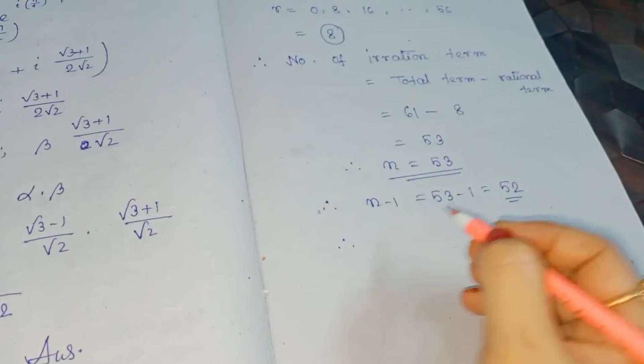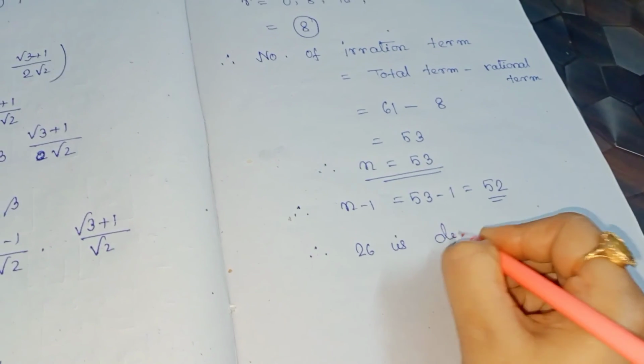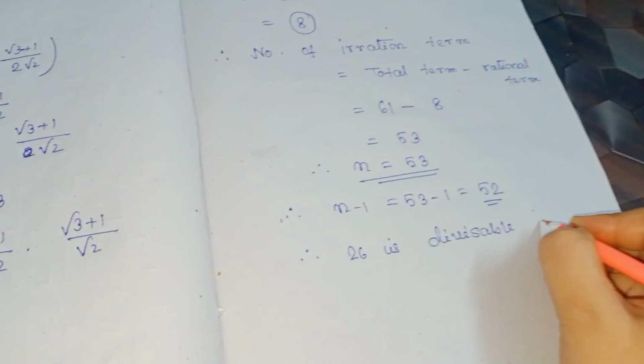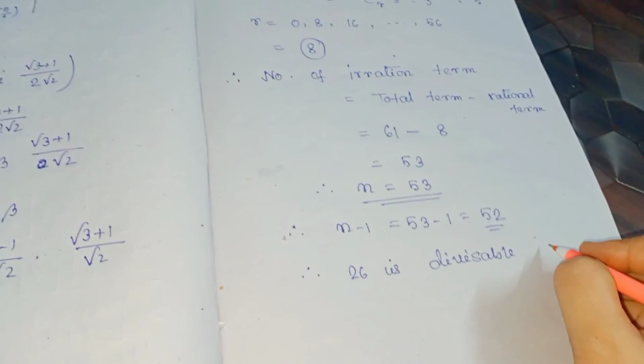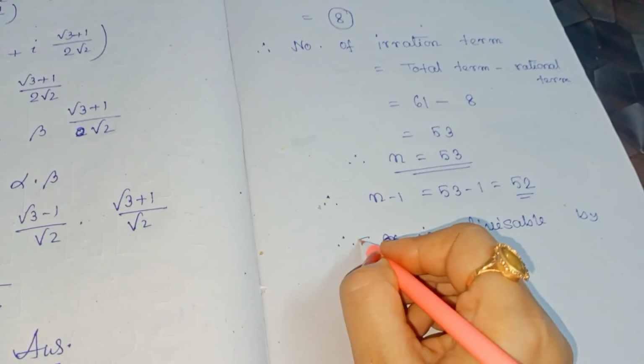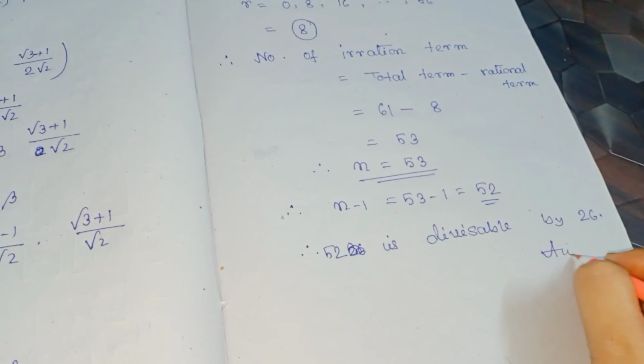So 52 is divisible by 26. Therefore option 4 is our correct choice.